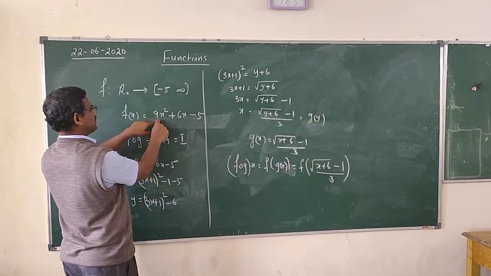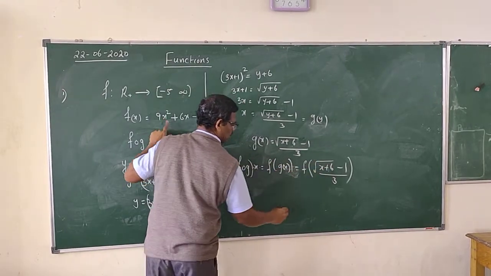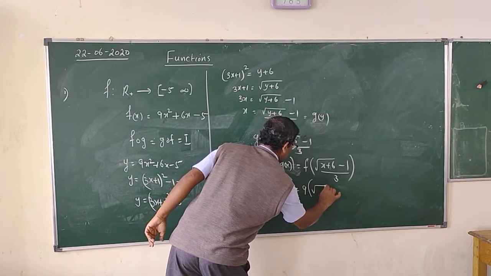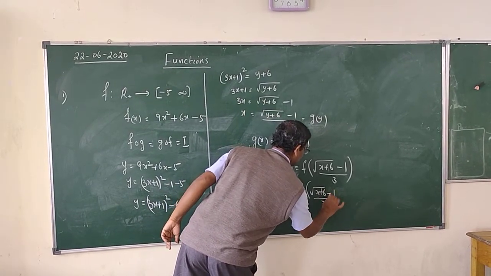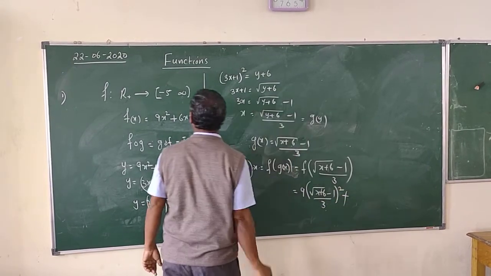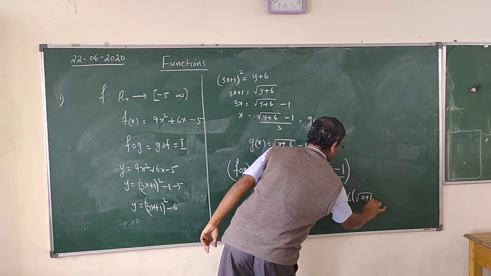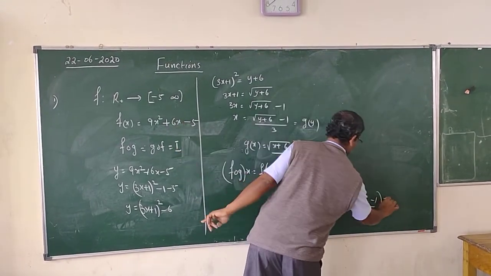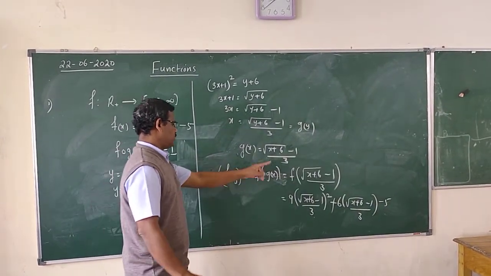That means in this function we will be replacing x by these values. So it is 9 into (root of x plus 6 minus 1 by 3) whole square plus 6 into (root of x plus 6 minus 1 by 3) minus 5. That is the value of f of g of x.